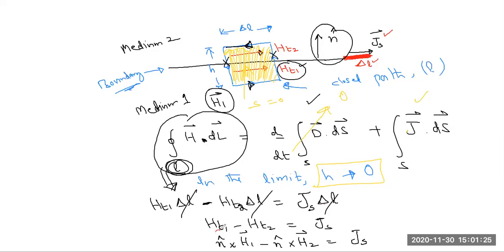And this is going to be our fourth boundary condition. And what is the meaning of this equation? What is this equation telling us? This equation is telling us that the tangent component of magnetic field is discontinuous at the boundary, because n cross H1 minus n cross H2 is equal to Js.